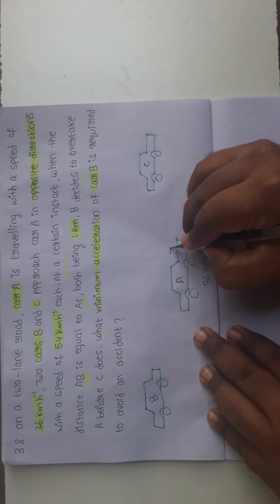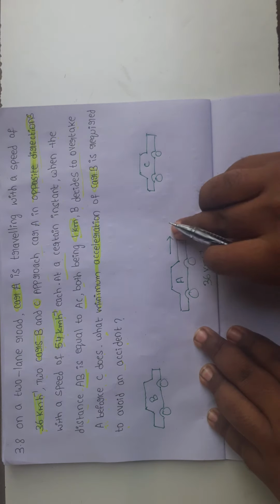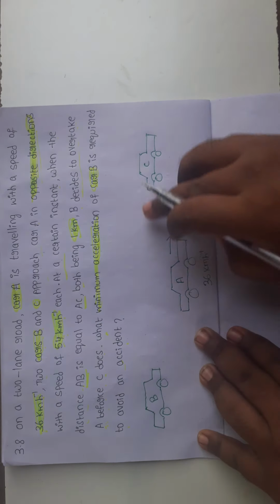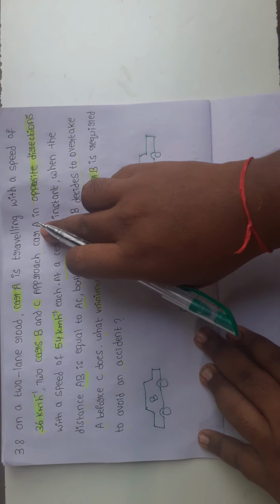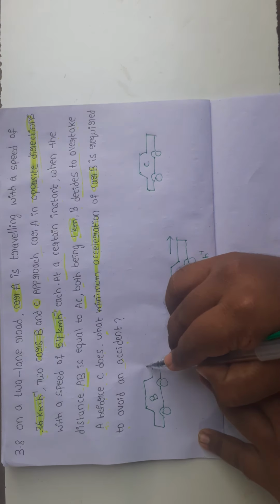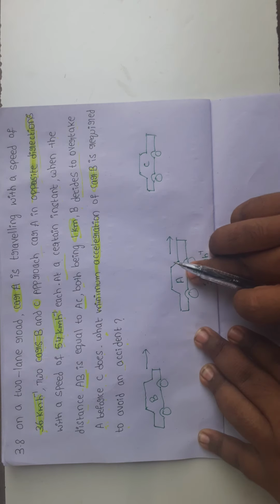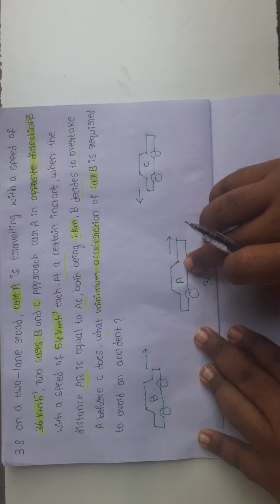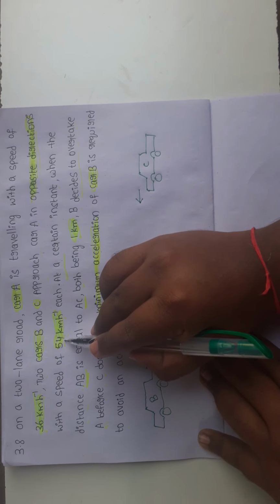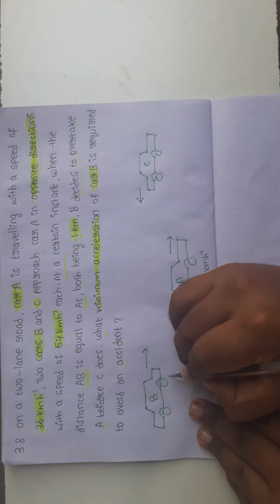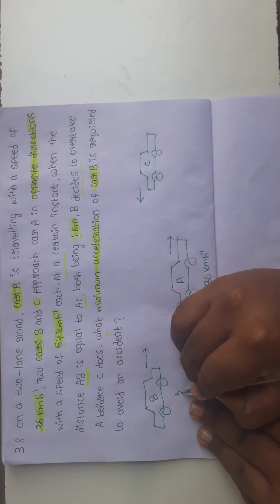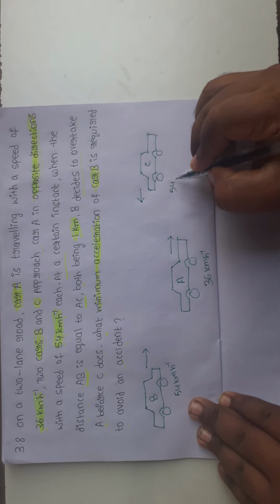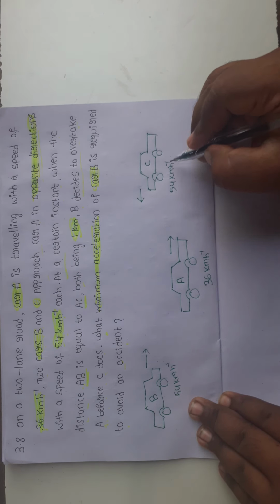This is the direction of the motion of car A. Next, car B and car C approach car A. Car B approaches car A, car C also approaches car A, with velocity 54 km per hour.